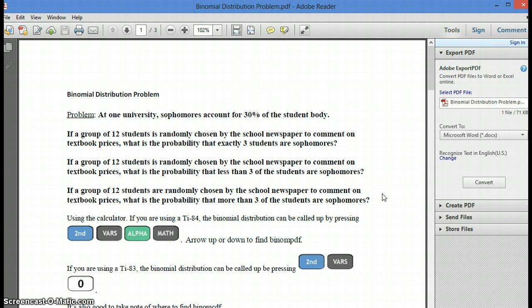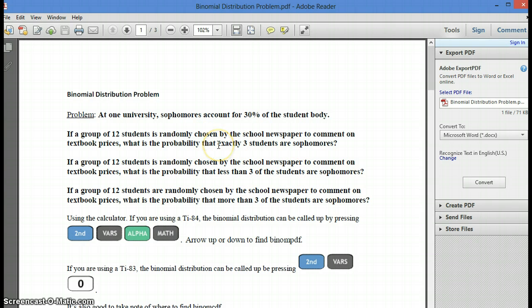At one university, sophomores account for 30% of the student body. If a group of 12 students is randomly chosen by the school newspaper to comment on textbook prices, what is the probability that exactly 3 students are sophomores? Another type of problem asks, what is the probability that less than 3 of the students are sophomores?